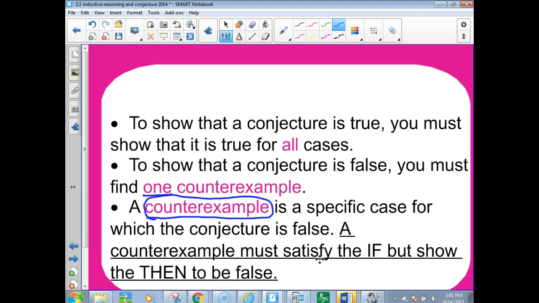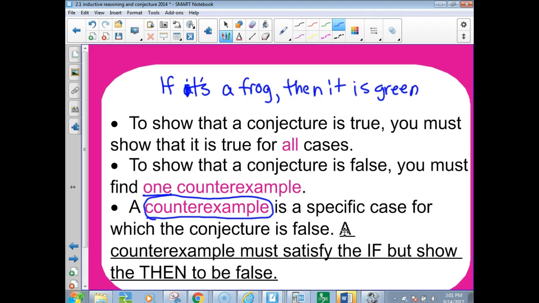I can say something very obvious, hopefully, for you to understand what I'm saying. If it's a frog, then it is green. To give me a counterexample, you have to show me something that is a frog, but isn't green. That's it. So this is a false statement, right?